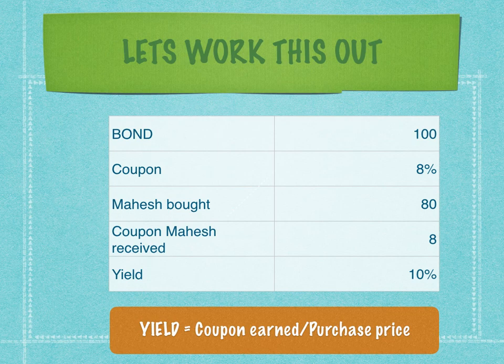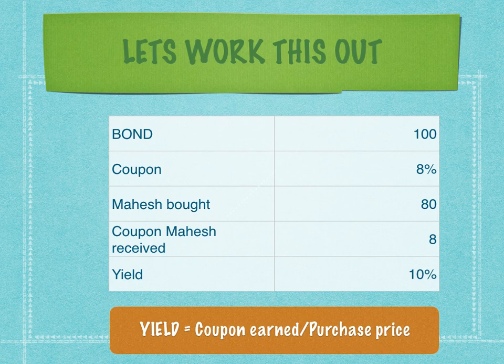So whether Mahesh bought the bond at 120, or at 100, or at 80, the coupon amount that he will get is fixed, which is 8. What is the yield to Mahesh? How much has Mahesh earned? 8. How much has Mahesh invested? 80. So 8 divided by 80 gives a yield of 10%.